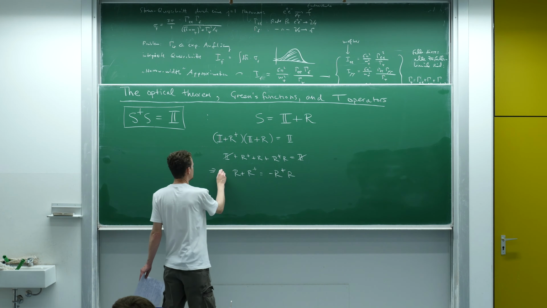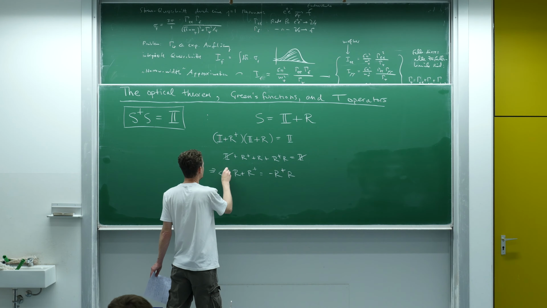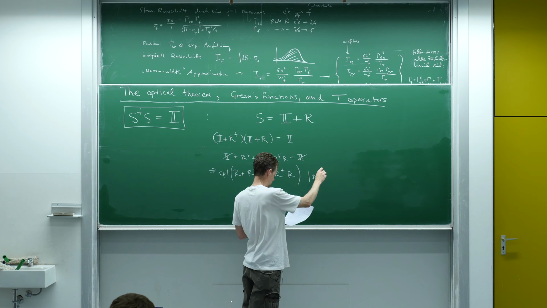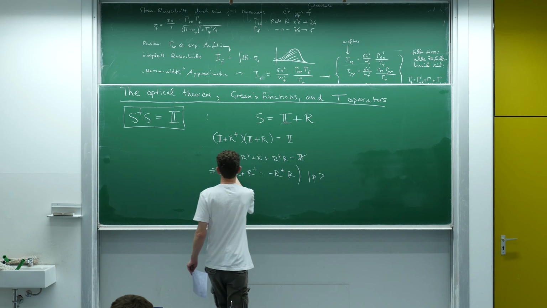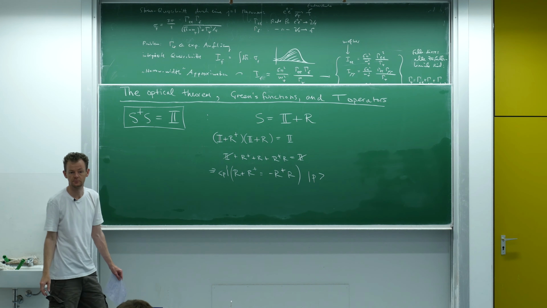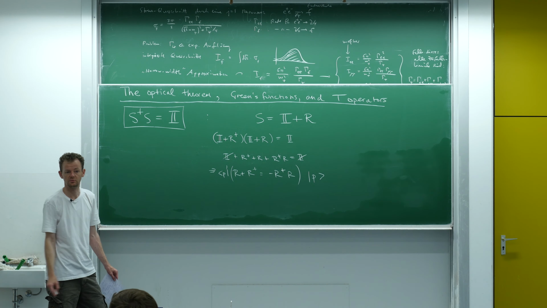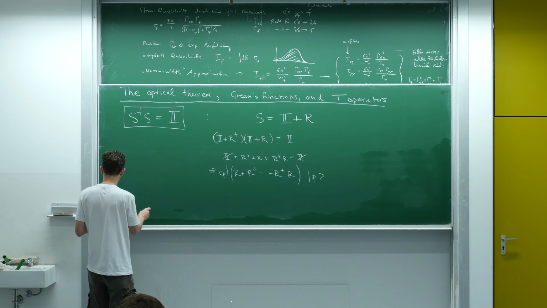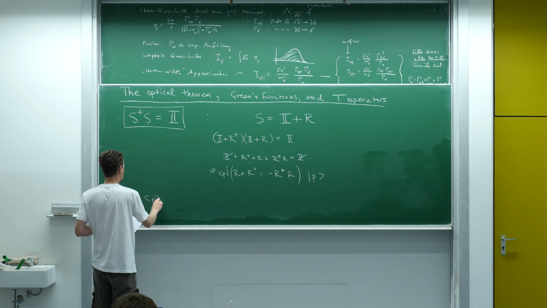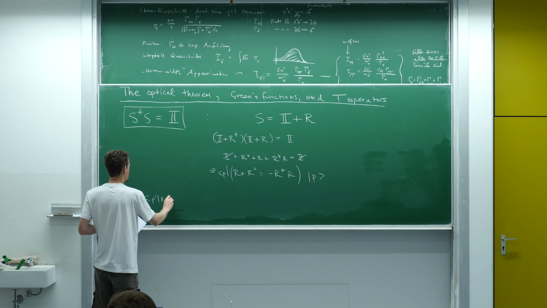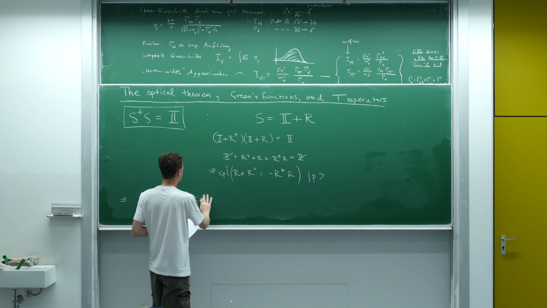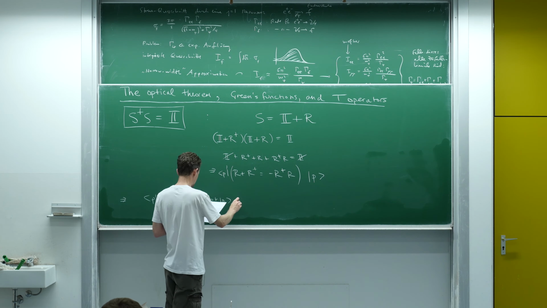Let's sandwich this equation between two improper momentum eigenstates, p prime and p. So it's presumably true. And then this leads us to the following equation governing matrix elements of R.